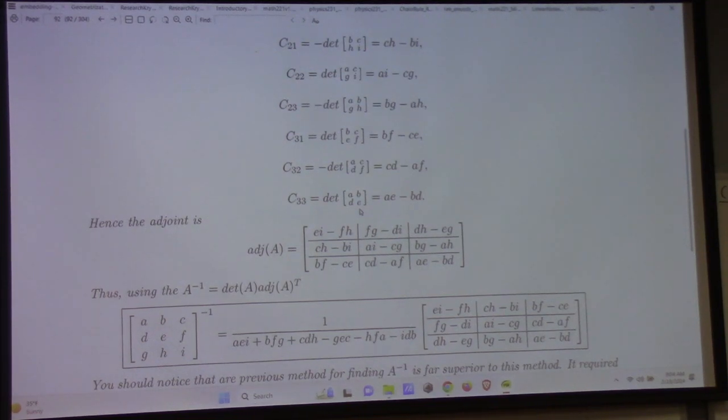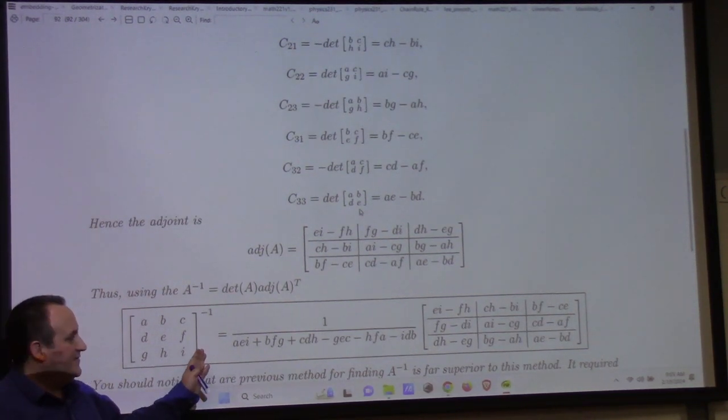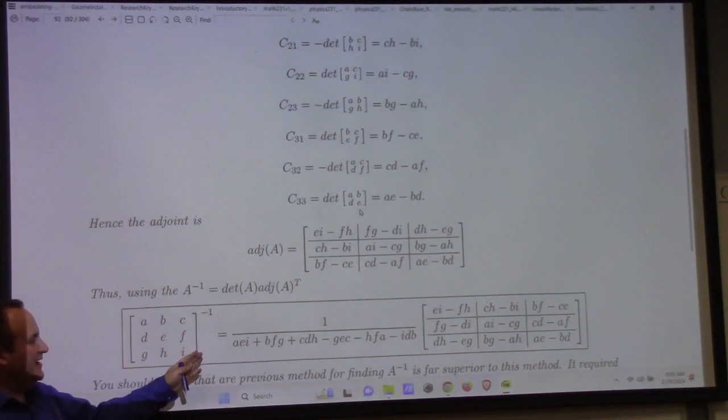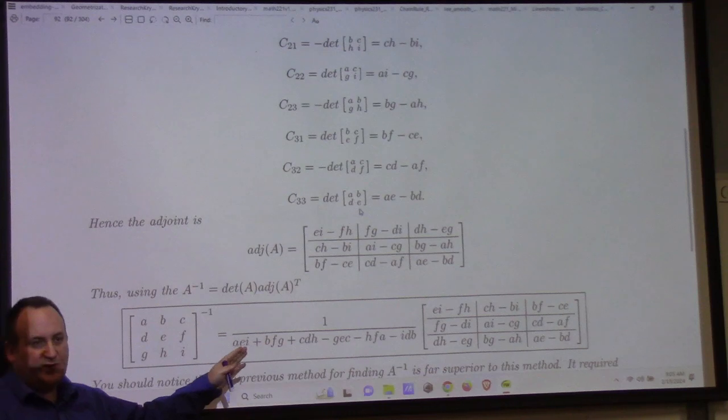Now, this formula actually has a lot of beautiful features. It gives you a really snazzy formula for the determinant, which is this. You can kind of see the Fruit Ninja thing I was talking about.